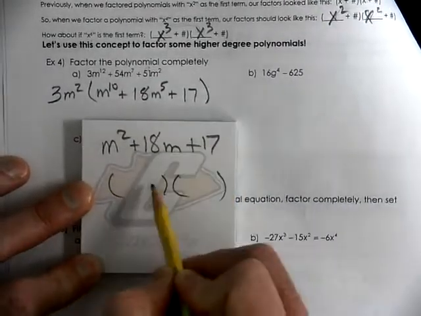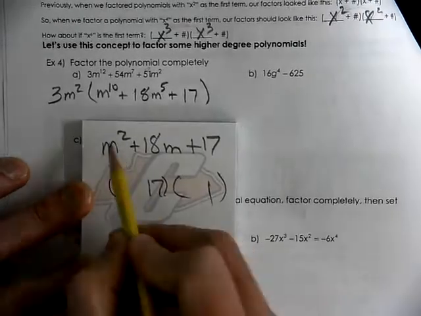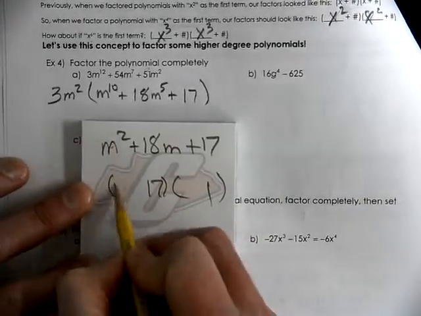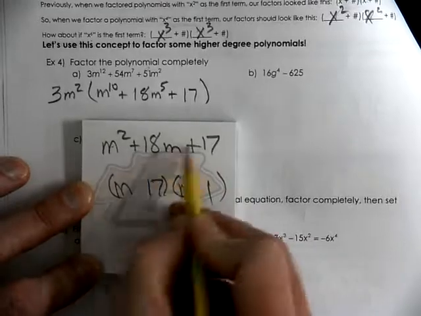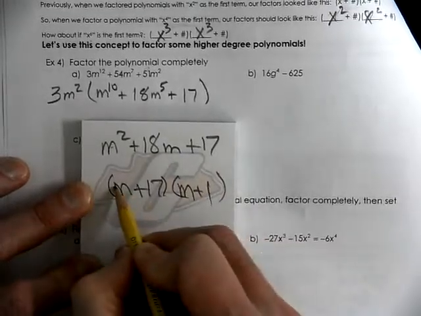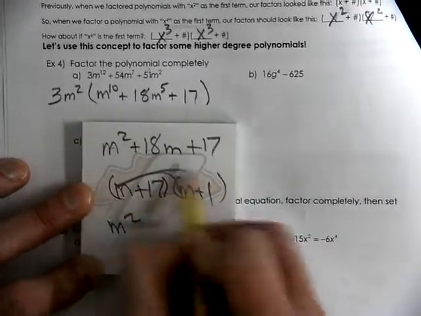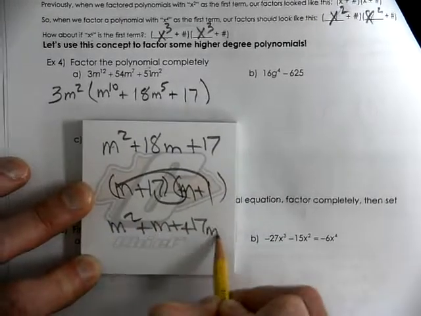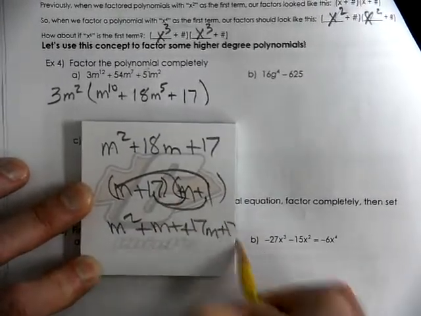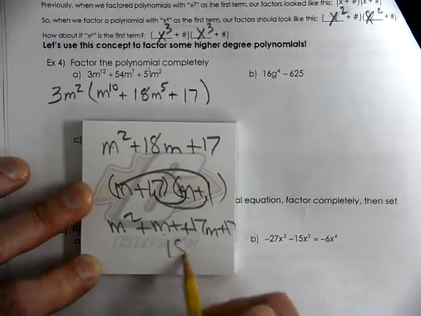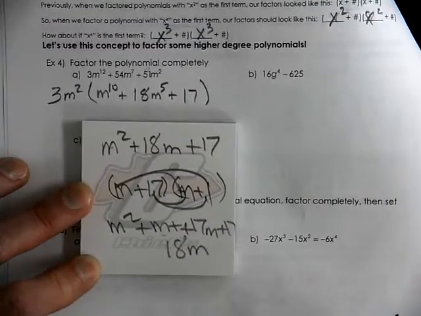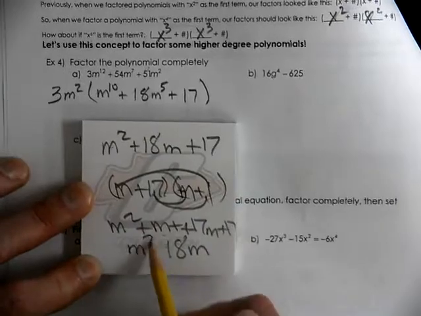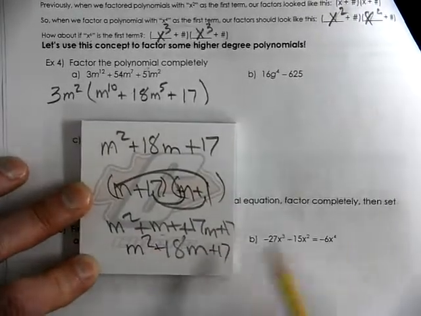What multiplies to be 17? 17 and 1. What multiplies to be m? M and m. Plus and plus. So you get m squared, you get 1 times 17, so this becomes 18m in the middle, and you get m squared, and you get 17 on the end.